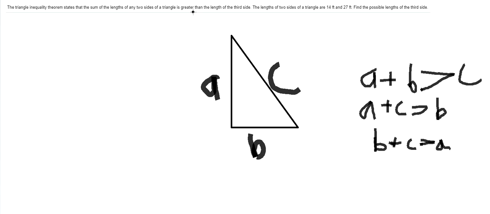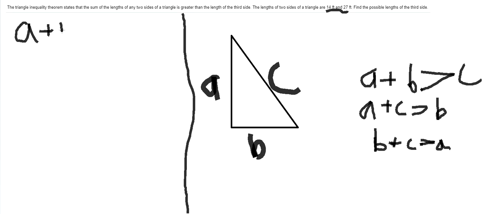This stuff will help us solve our question, because if the two lengths are 14 and 27 feet, that means that A plus B is greater than C. 14 plus 27 is greater than C.